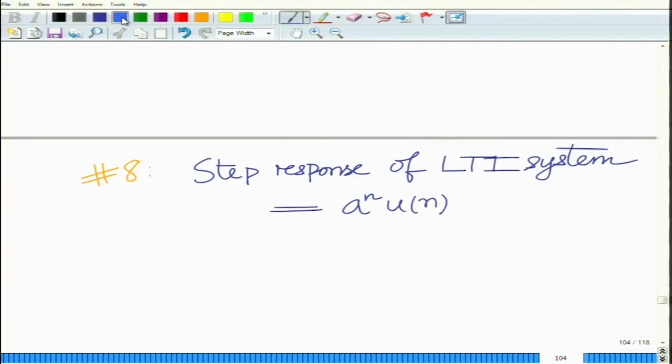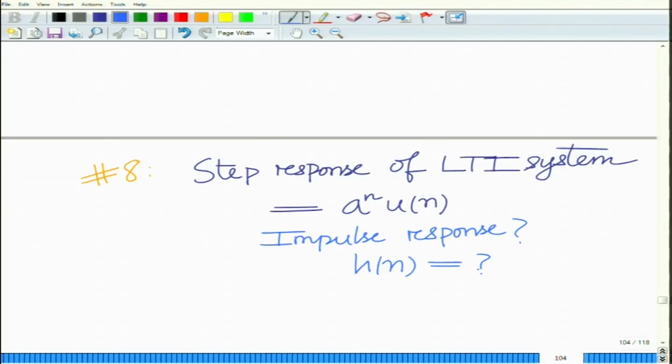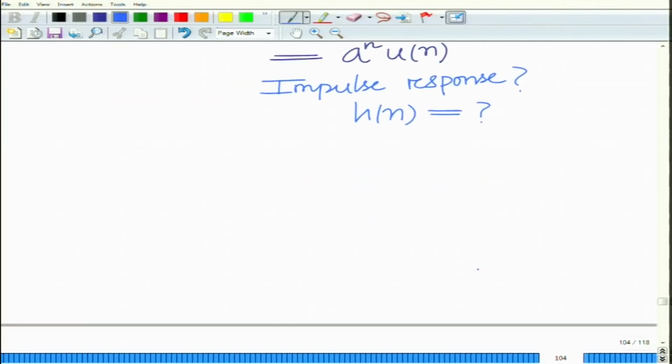Now, what we have to find is the impulse response. What is the impulse response of this system, that is, what is h(n) for this LTI system.